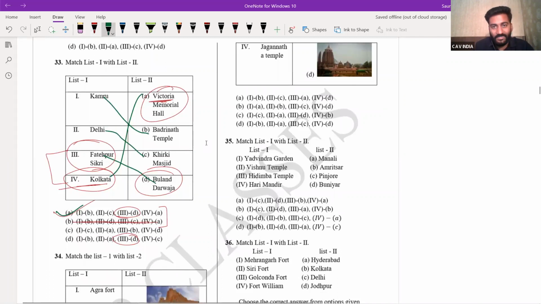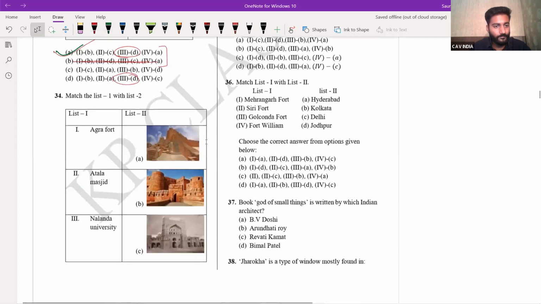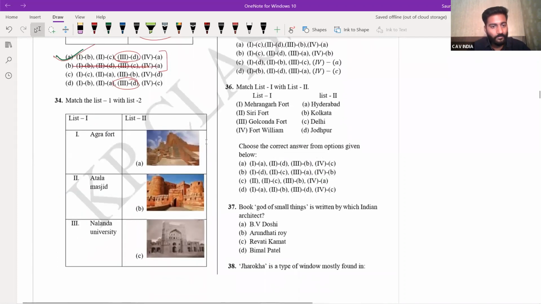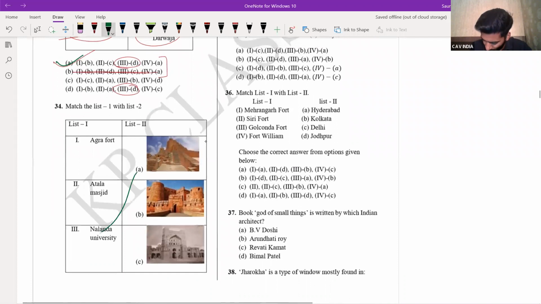Now, if you look at the next one, this is Jagannath Temple. And this is Nalanda University, Agra Fort and Atala Masjid.